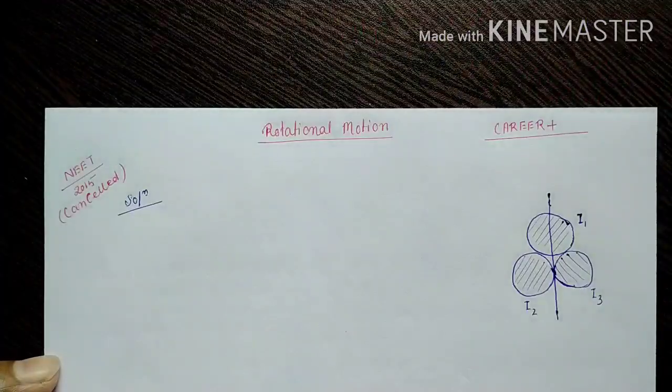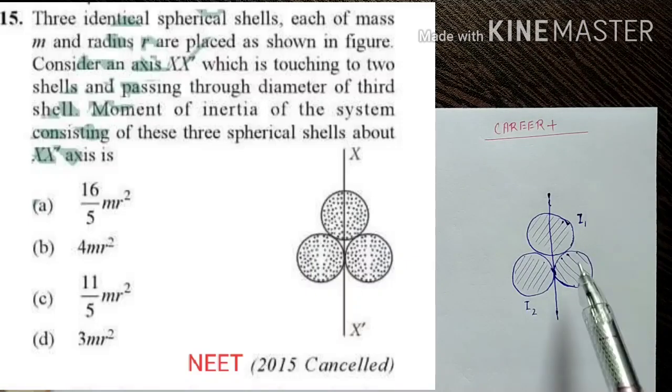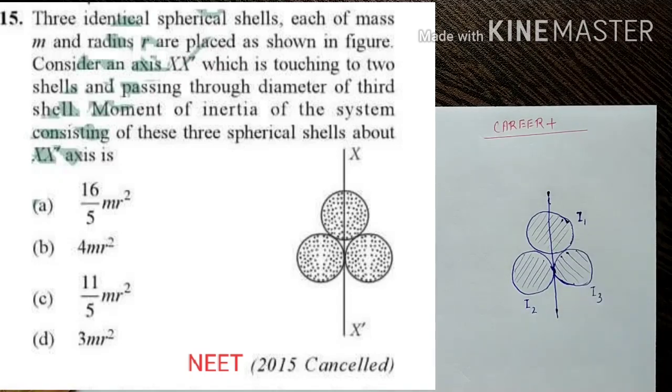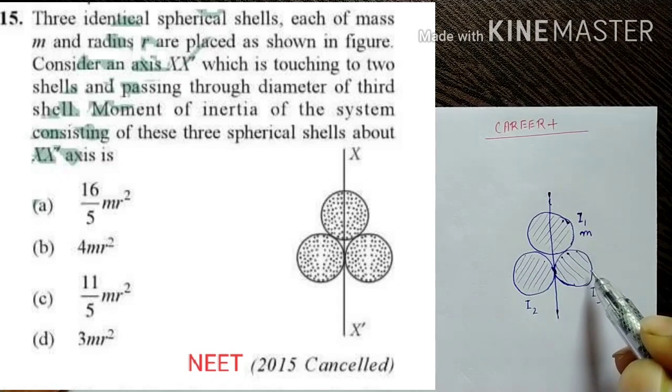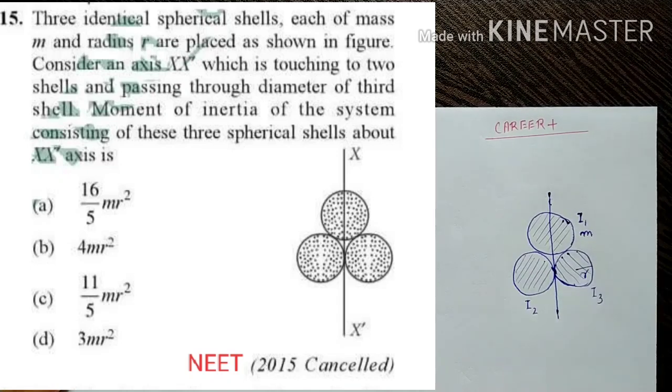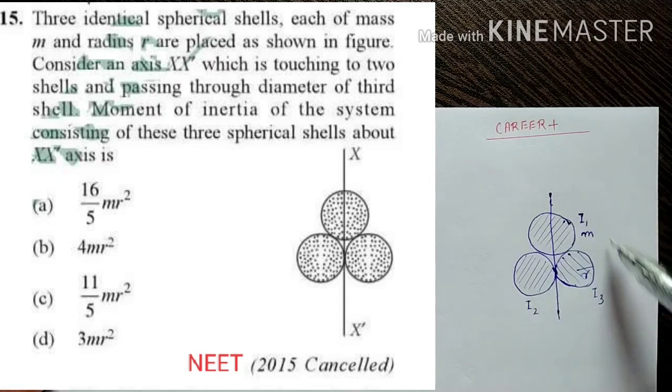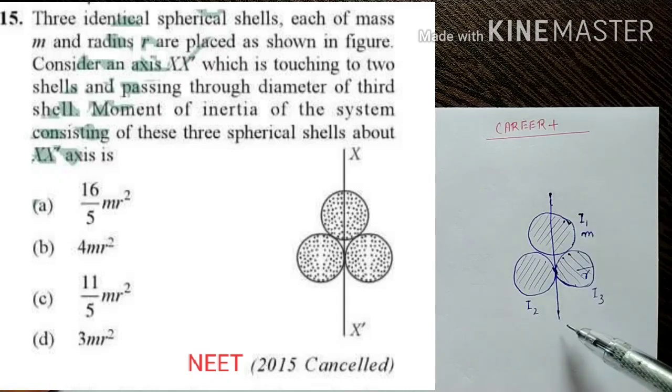Let's start the video. Given a system of three spherical cells. Spherical cell means hollow sphere, each of mass m and radius r. We are going to determine the moment of inertia of the whole system with respect to that axis.